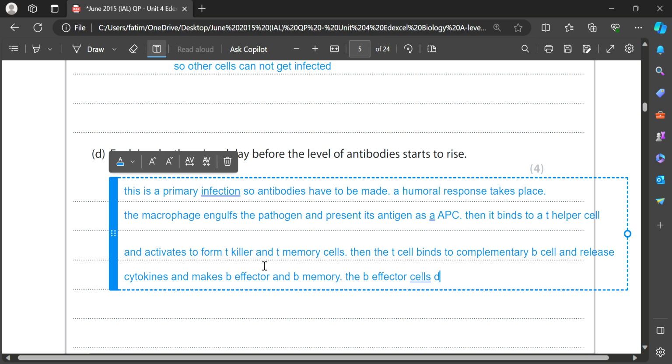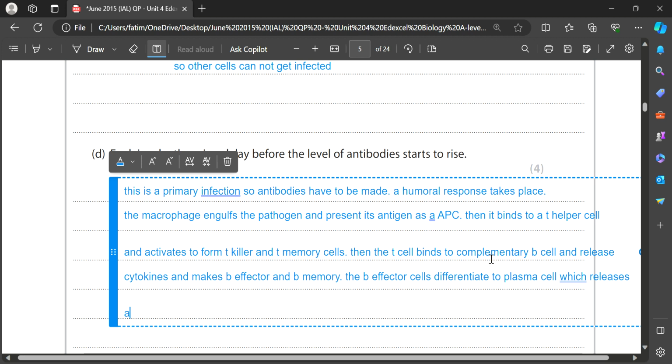And then the B effector differentiates to plasma cell, which releases antibodies.